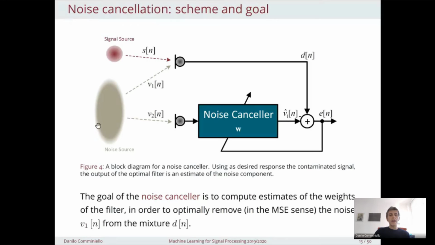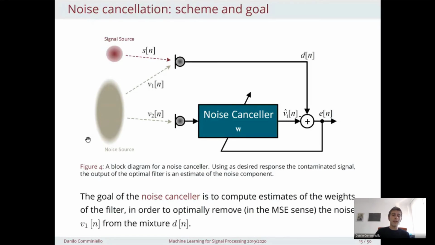So you can exploit the noise source, and you can put another sensor, for instance, outside of the aircraft in order to capture only the noise. So you have a different signal from the one captured by the microphone inside the cockpit, but you know that both noise signals are drawn from the same distribution.